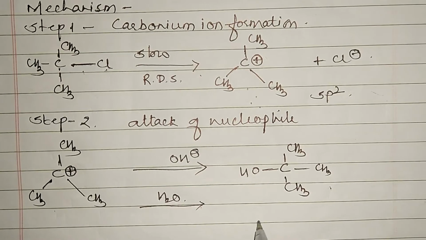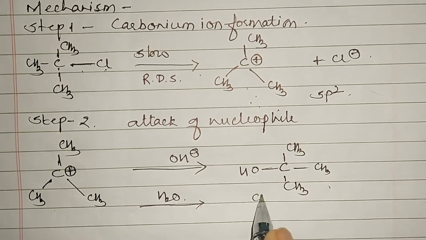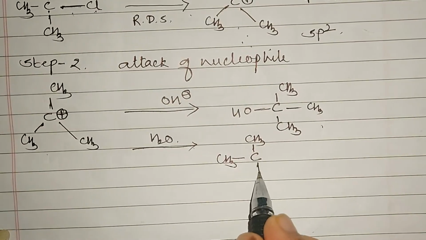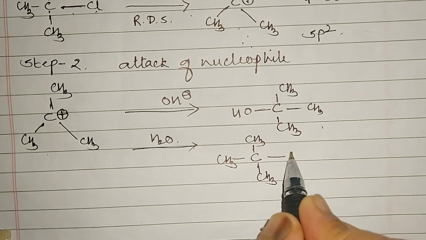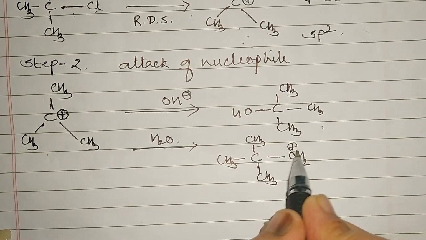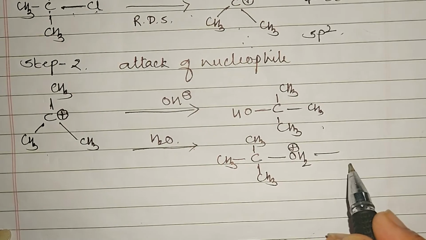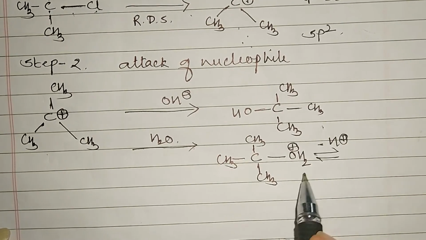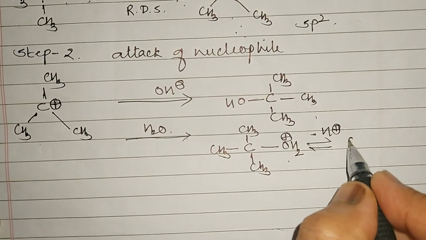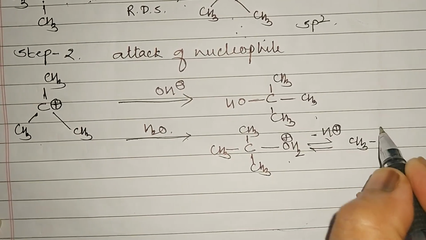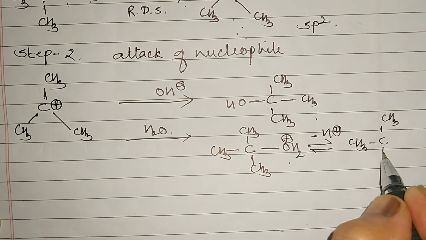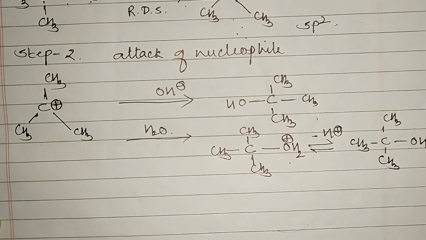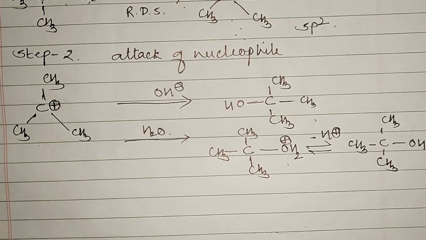We will get CH3, CH3, CH3, OH2 positive. After that, minus H positive occurs from here and we will get CH3, CH3, CH3, OH. That is tertiary butyl alcohol.